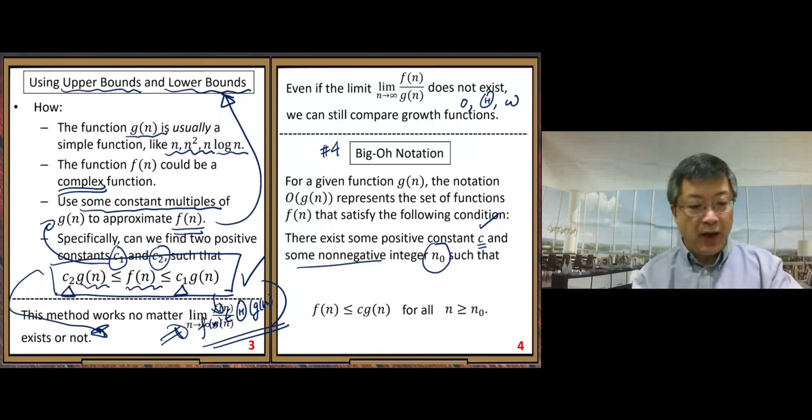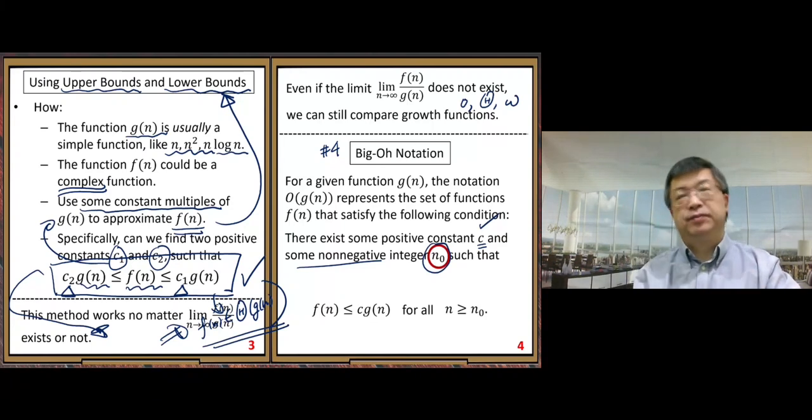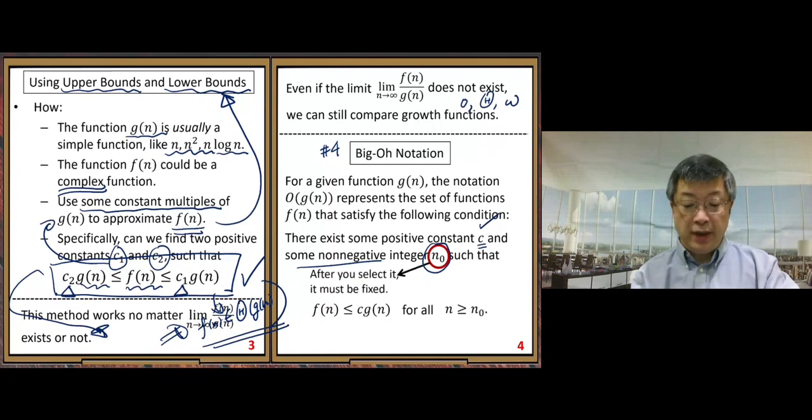And what kind of property does this n0 have?